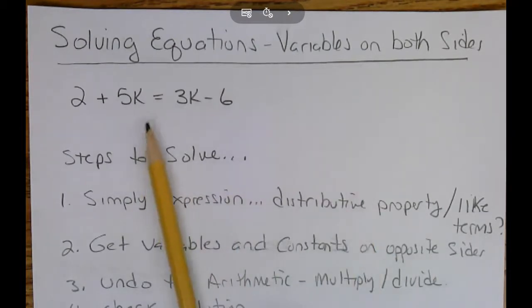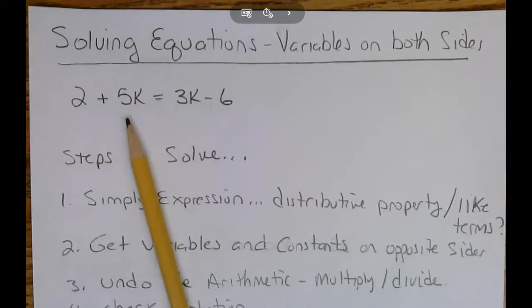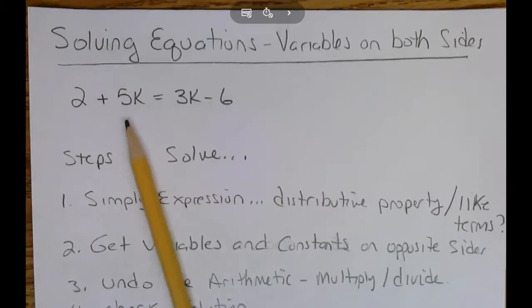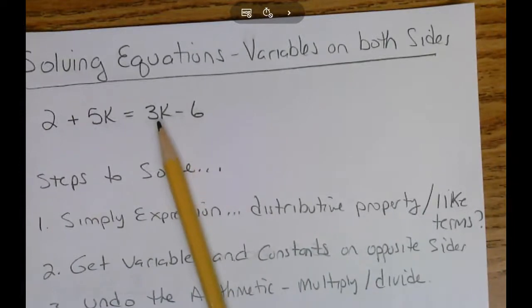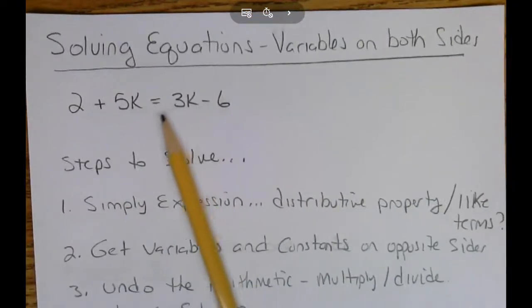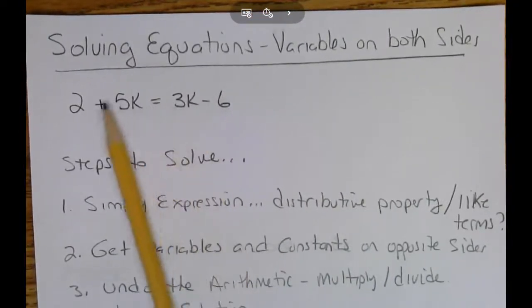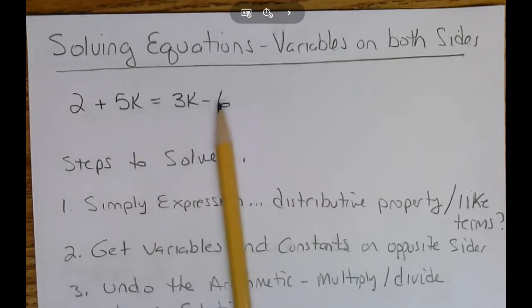Here we see an algebraic expression. This is 2 plus 5k equals 3k minus 6. So here you see we have a variable on this side and on this side, 5k and 3k. Somehow we have to find a way to get these combined. Also we have these constants, a 2 and a negative 6.